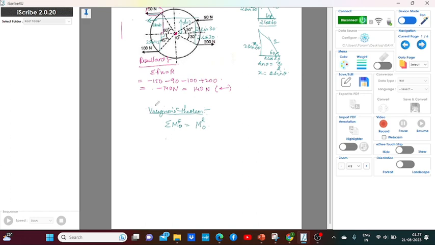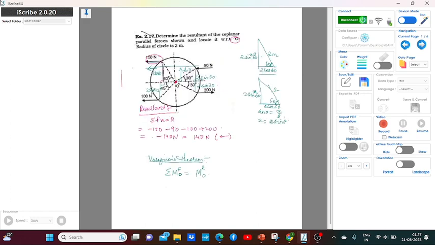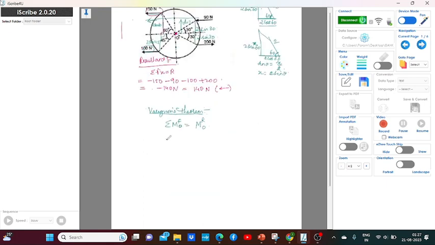First force is my 100 force. So I am writing for this particular force. The 100 perpendicular distance is 2 sine of 45. So 100 into 2 sine of 45, and is it in clockwise or anti-clockwise direction? My center point is over here, so it will go like this.